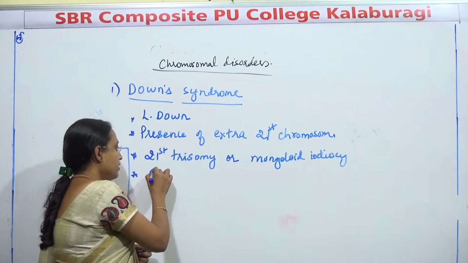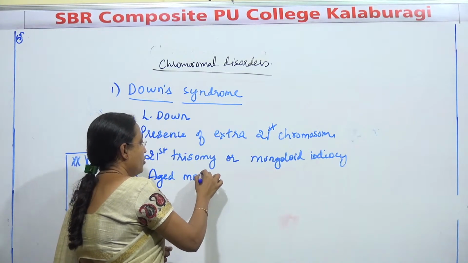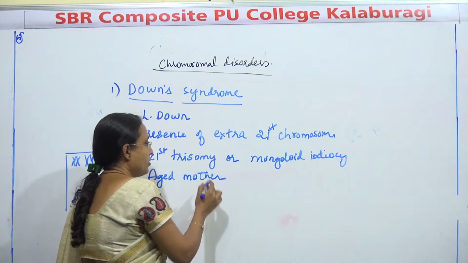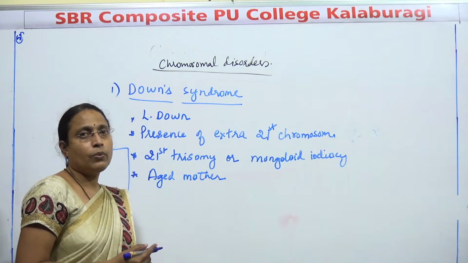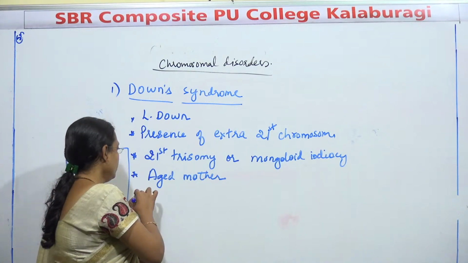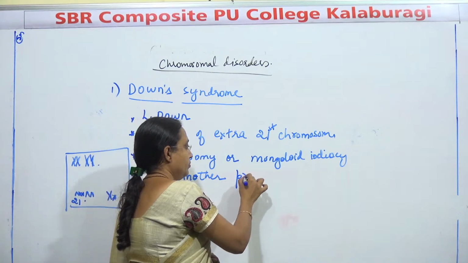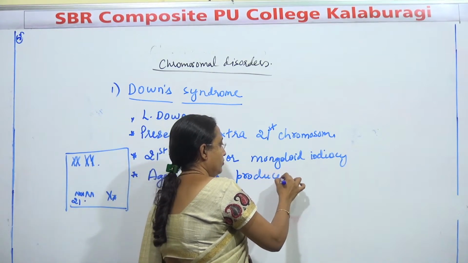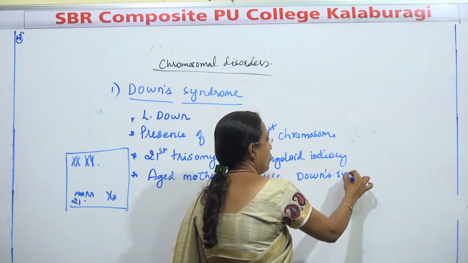So aged mothers generally produce an offspring that is suffering with Down syndrome.